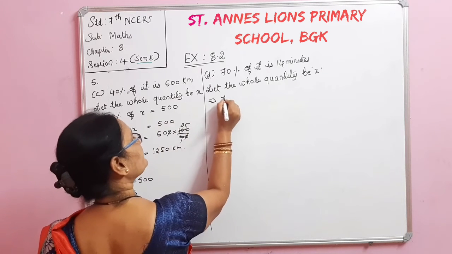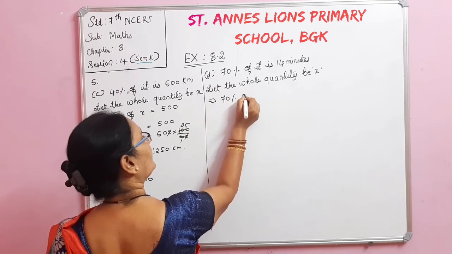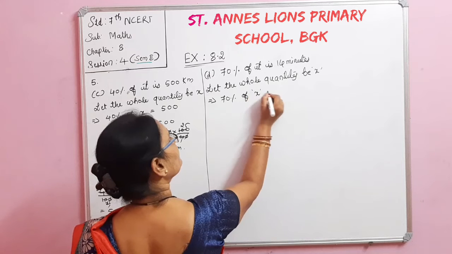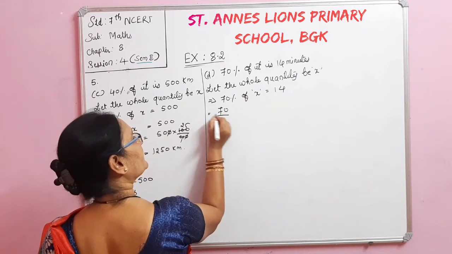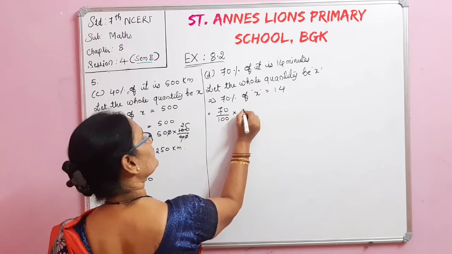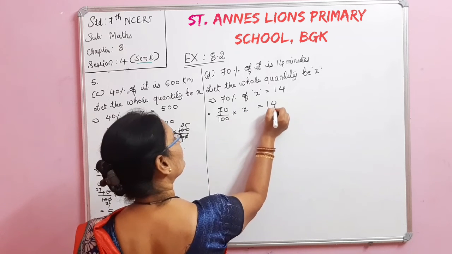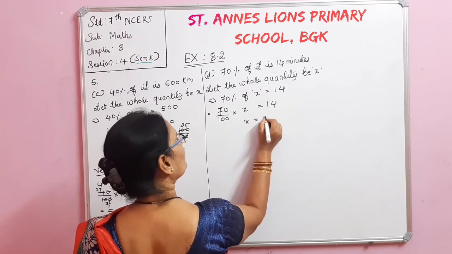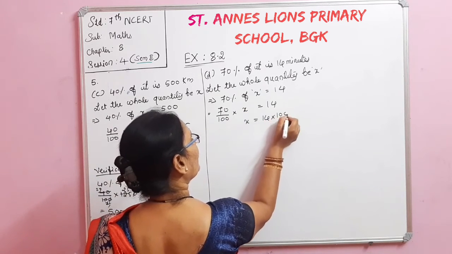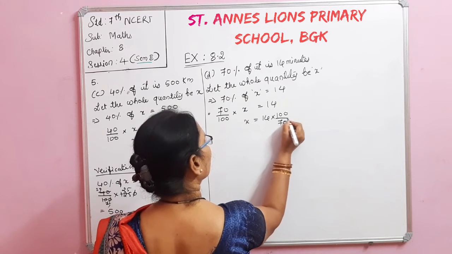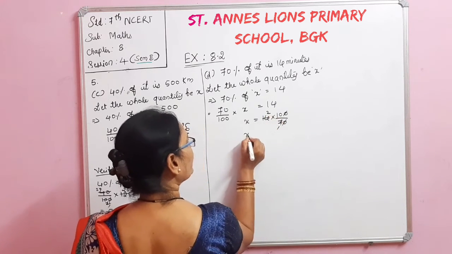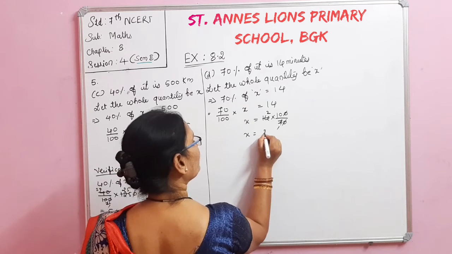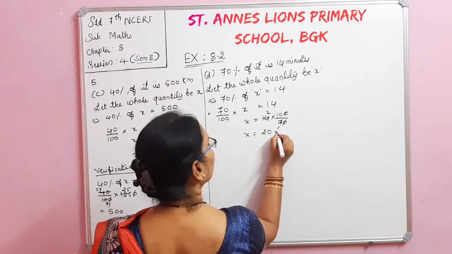Then this implies that 70% of x is equal to 14. 70 by 100 into x is equal to 14. x is equal to 14 into 100 by 70. 1 0, 1 0. 7 1s are 7, 2s are. x is equal to 10 2s are 20. 20 minutes.